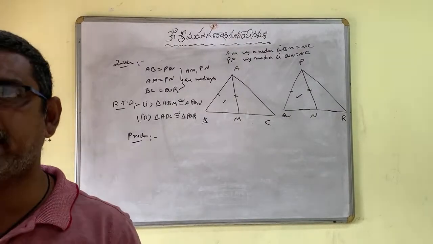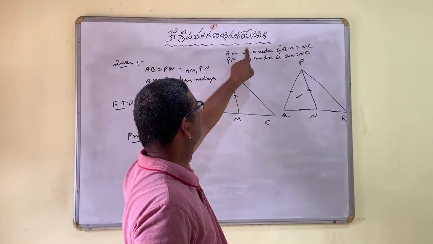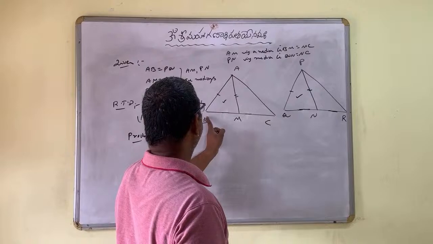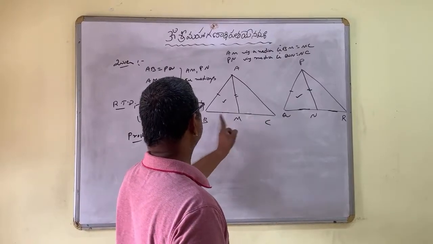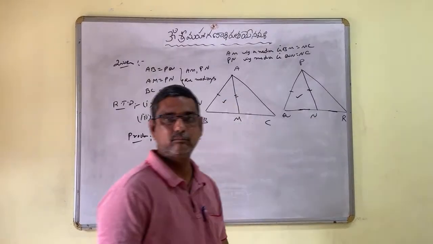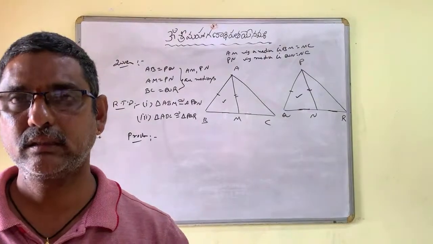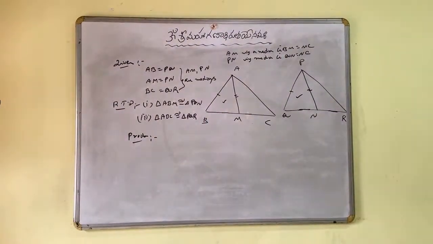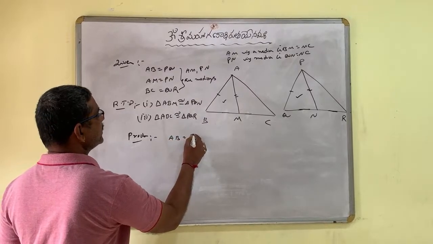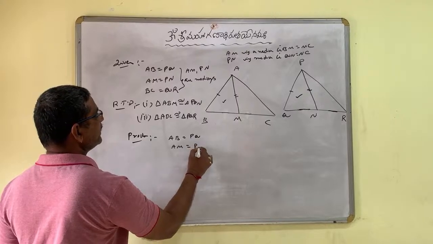AM is a median. That means AM divides BC into two equal parts. These two parts are equal, and these two parts are equal. Harika says triple S. How triple S? AB is equal to PQ. AM is equal to PN.